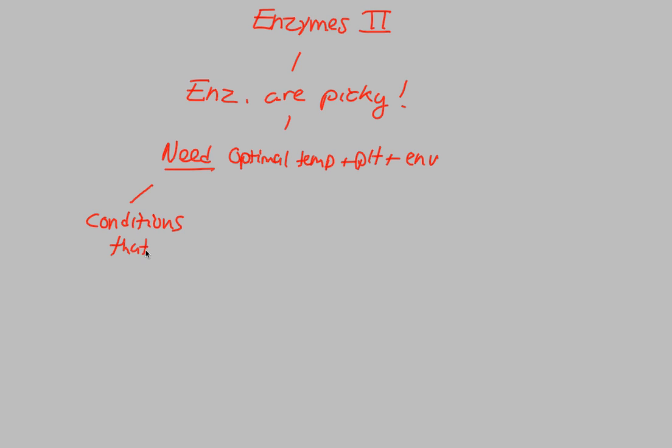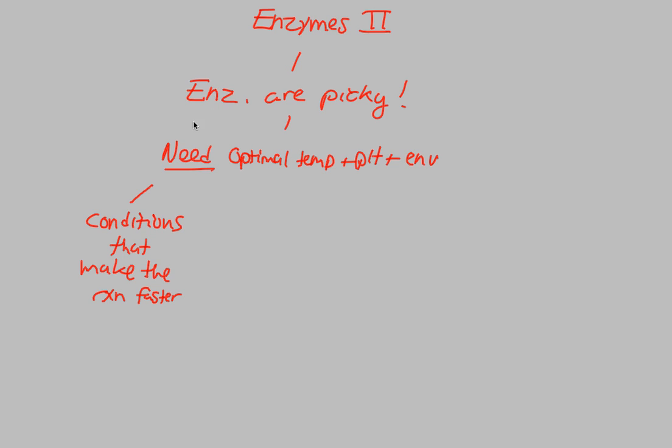These conditions are present because these are the conditions that make the reaction faster. Because the reaction is going to be faster if the optimal temperature, optimal pH, and optimal environment is there, because the enzymes are going to be happy, and if the enzymes are happy, they're going to function effectively.